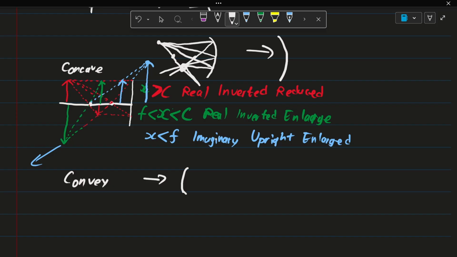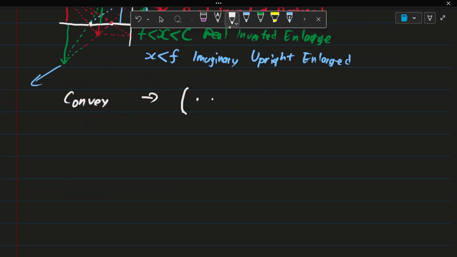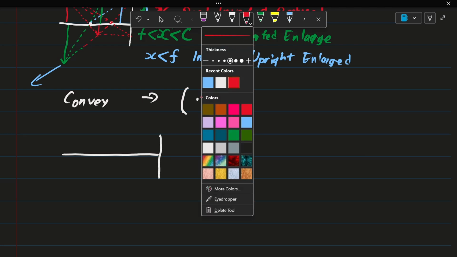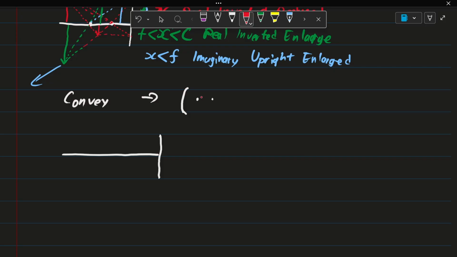What will happen? For a convex mirror, you have your radius of curvature here. That means your focal length will be here. So this is what makes things interesting, because if you try to observe the image of an arrow, with the focal length here and the radius of curvature there, and you take the ray tracing, if you take this light and then take the reflection, it should go in this way.